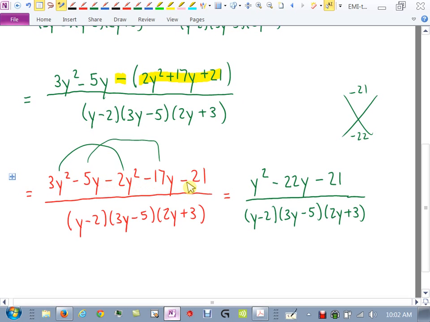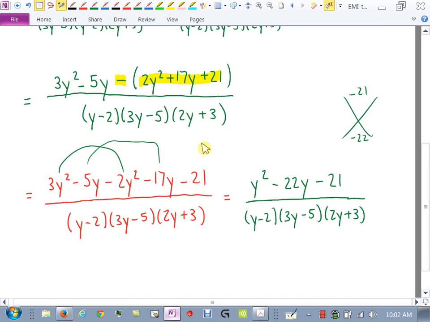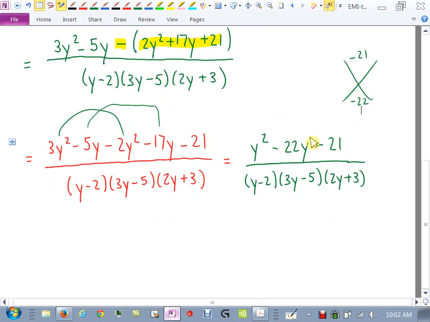Minus, minus, minus. All right. So this is prime, it doesn't factor. We have added the two fractions together. I have a single fraction now, don't I? And so I am done.